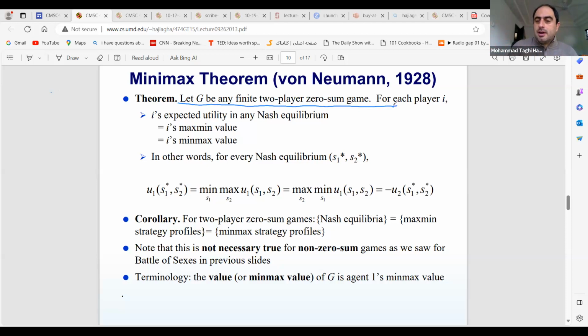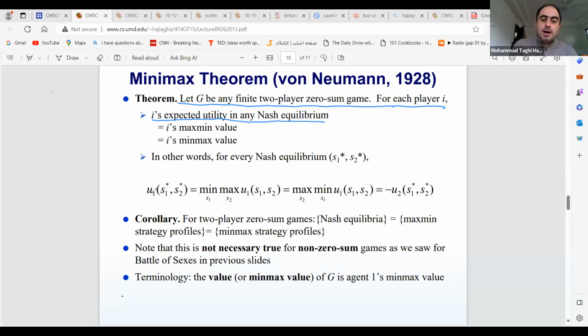For each player I, consider I's expected utility in any Nash equilibrium. If we have a two-player zero-sum game, the concepts of Nash equilibrium, maximin and minimax will all collide to the same thing. In particular, I's expected utility in any Nash equilibrium would be I's maximin value and I's minimax value.